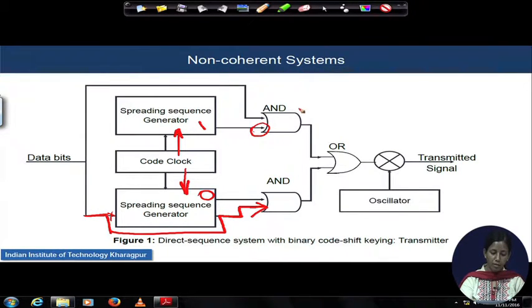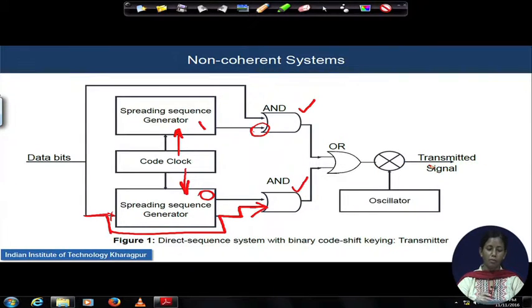So, either the upper AND gate output will be high, or the lower AND gate output will be high. Both the outputs are ORed, they are added in the OR gate structure, so any one of them will be allowed to get transmitted.